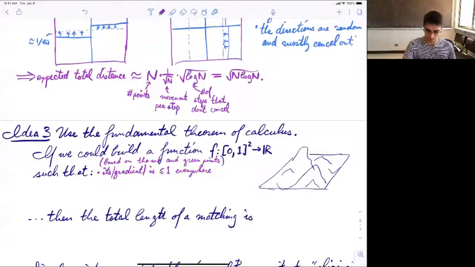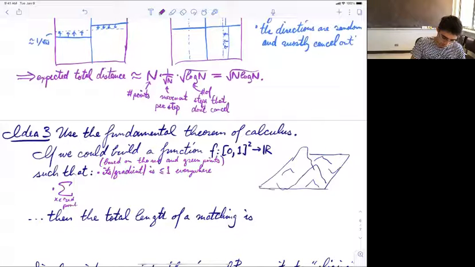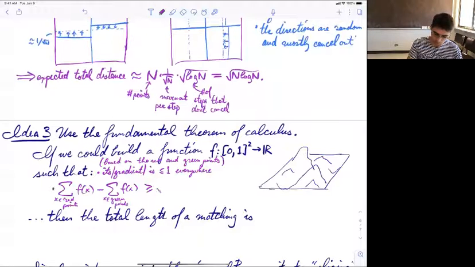So the slope of this mountainous landscape is not too big. And if you take the sum of all the red points, sorry, the sum of f of x, where x is all the red points, and you subtract the sum of f of x, where x is all the green points, you get at least our favorite number, square root of n log n.